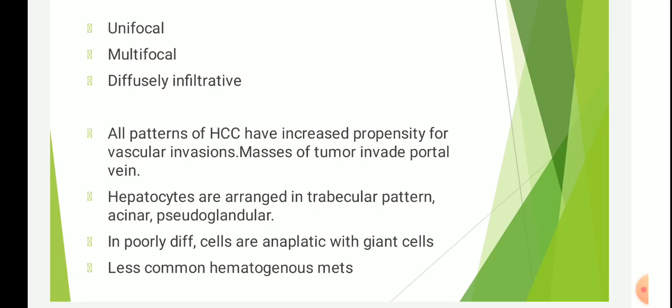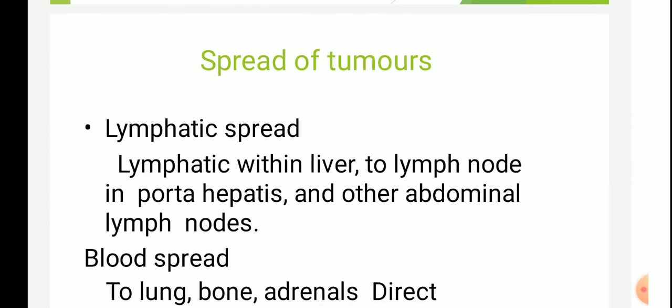Hepatocytes are arranged in trabecular, acinar, pseudoglandular patterns. In poorly differentiated types, cells are anaplastic with giant cells. Intranuclear cytoplasmic glassy eosinophilic inclusions are a hallmark of the histological findings in hepatocellular carcinoma.